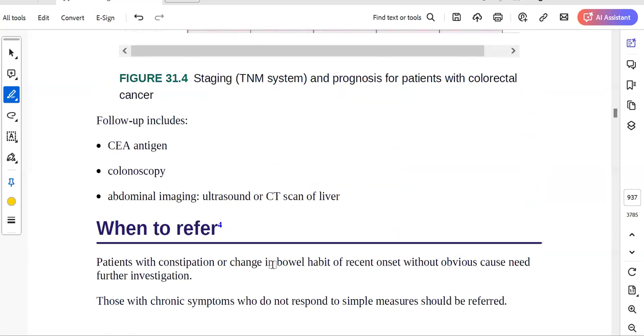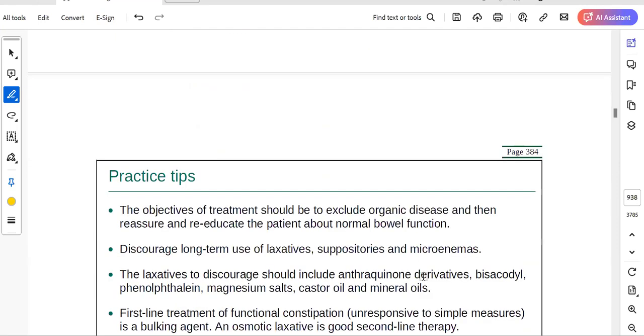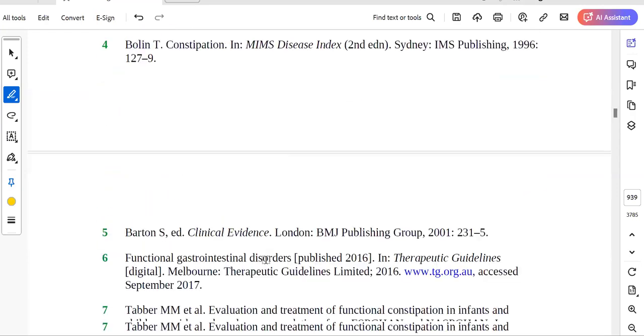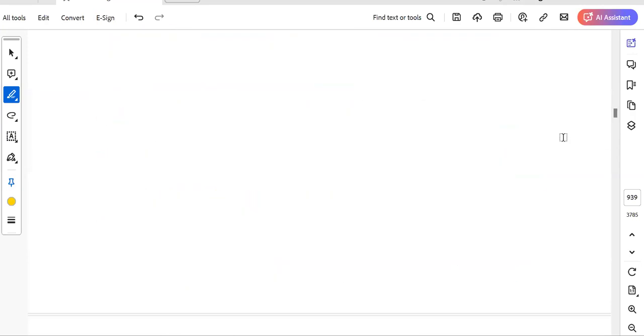How are you going to follow up the patient? The initial 1 year, you follow up the patient with carcinoembryonic antigen, CEA. And after 1 year, you start to do regular colonoscopy. Okay? So that's all about the colon cancer and also the constipation chapter.